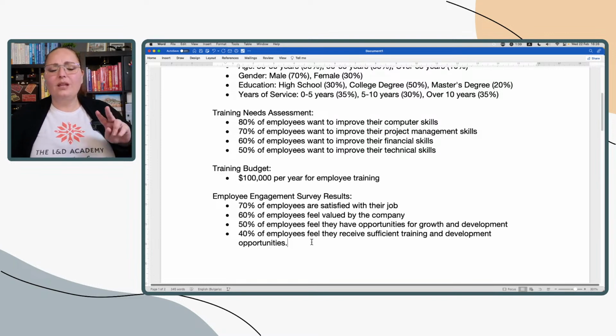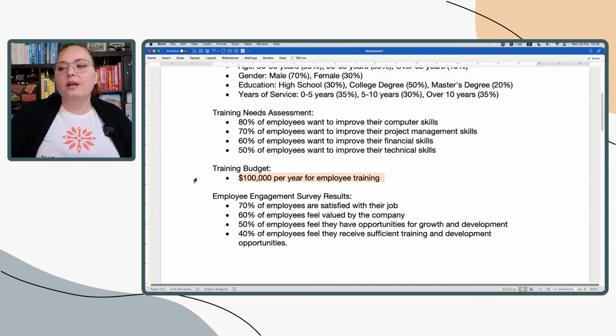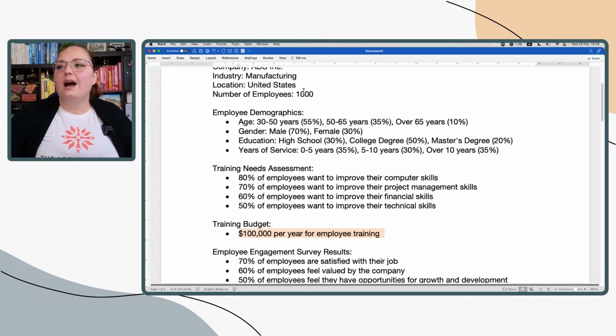So two things here. The first one is that $100,000 per year for employee training may seem like a lot until you remember that we actually have 1,000 employees. So that roughly translates to $100 per person. And I don't know about you, but most training courses, be that internally or externally, will probably cost more than $100.